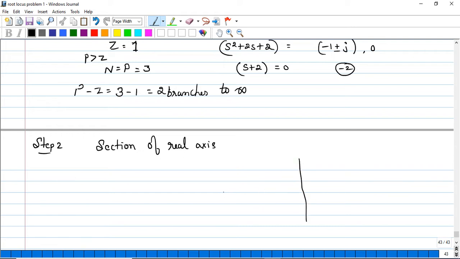Take the s plane and mark the poles and zeros. The number of poles we have: 1 is at 0, and a pole is represented with this symbol, and 2 more at -1. Let me mark this as 1j followed with 2j, and at the bottom, -1j followed with -2j.